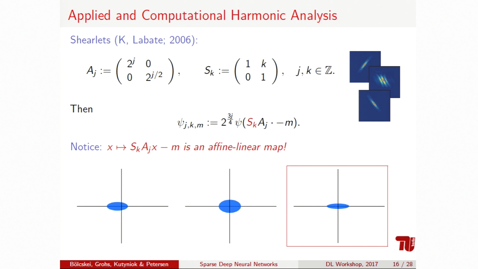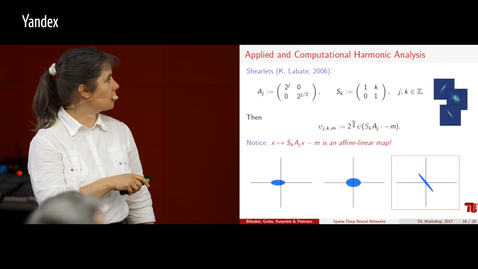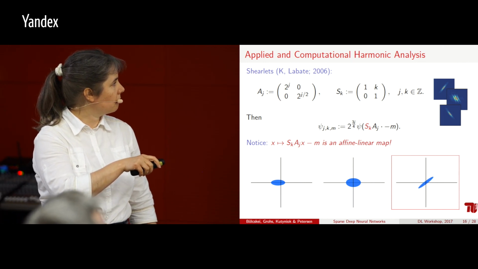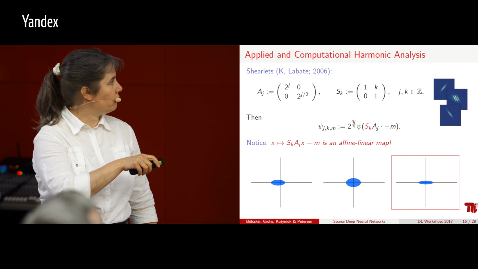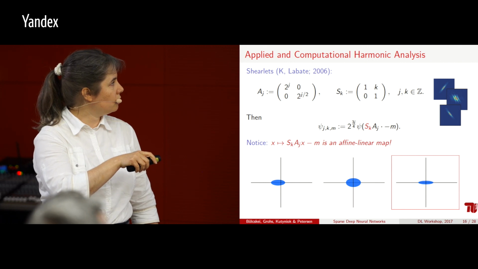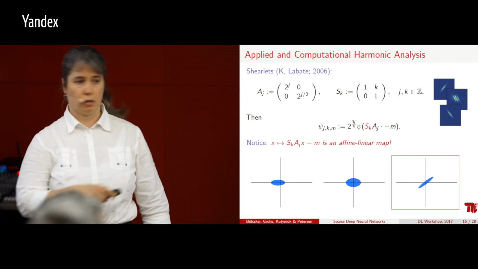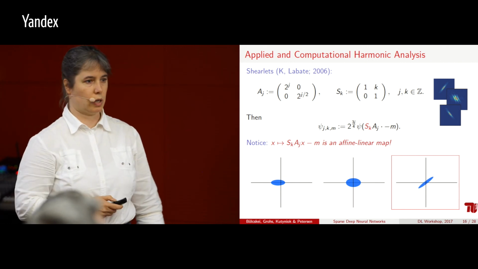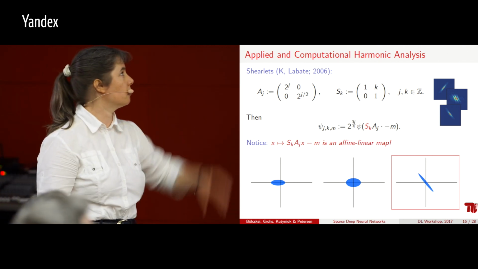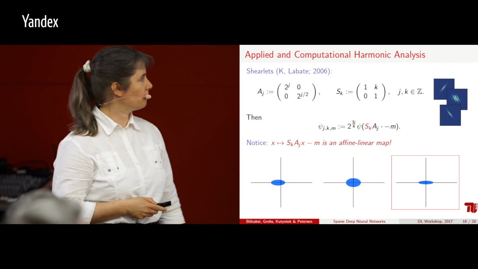And so there exists a whole theory for those systems. What I think quite interesting here is that this part is an affine map. So if we want to realize these elements by a deep neural network, what we just do is you need to realize these functions. This part we can do just with one layer. And so this is actually true for most of the systems from this area of applied harmonic analysis.